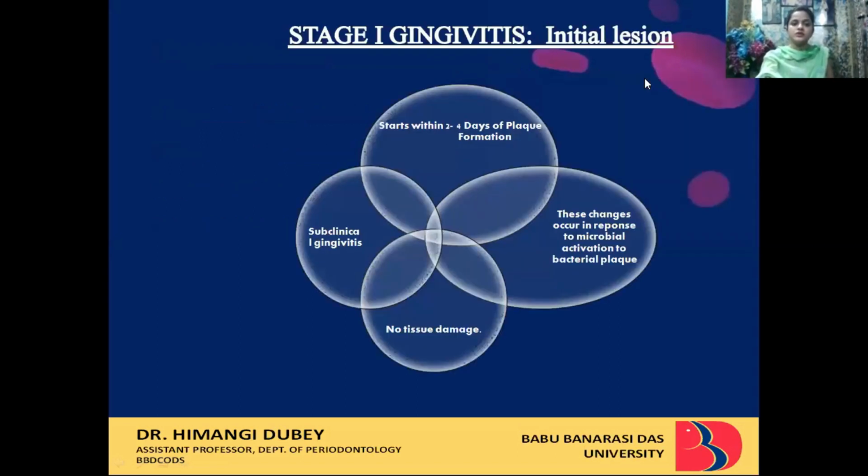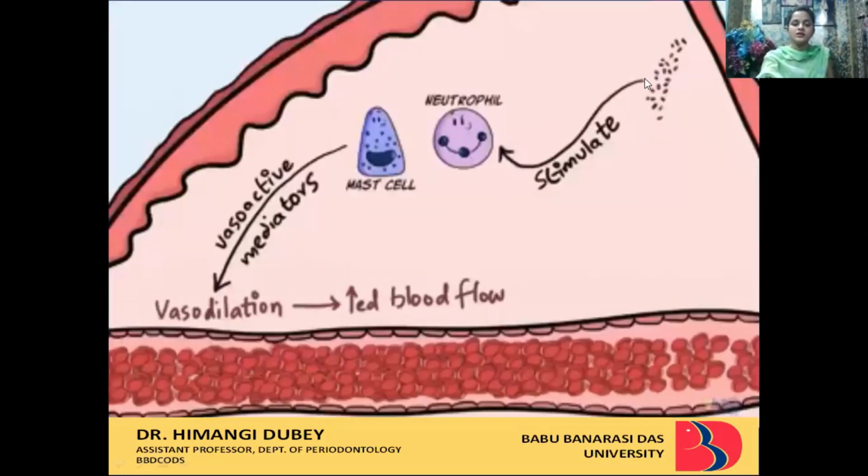Stage 1, which is called the initial lesion, is basically microorganisms in the dental plaque triggering the inflammatory process. Now, this starts within 2 to 4 days of plaque accumulation. Bacteria and their toxins, after entering the connective tissue, activate cells like mast cells or neutrophils to produce vasoactive mediators of inflammation that cause vasodilation of capillaries and increase the blood flow.